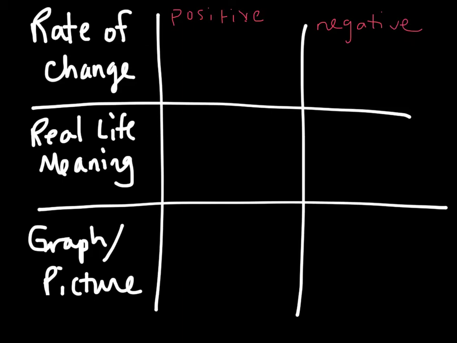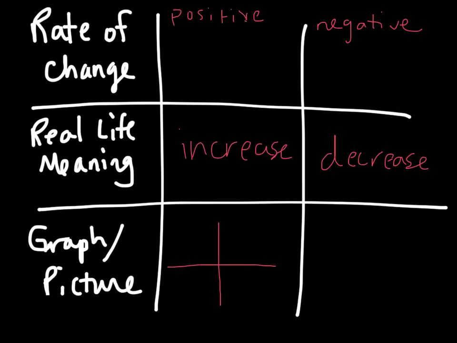So a positive rate of change, the real life meaning is that something is increasing. So a positive rate of change, it's going up. A negative rate of change, something is decreasing. All right, so we talk about as one thing goes up, another goes up in a positive rate of change, and in a negative, as something continues, the other thing is going down.